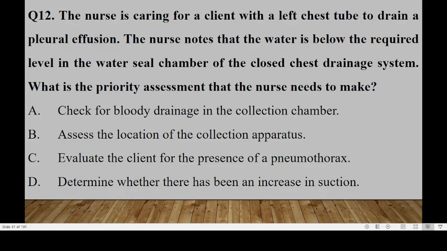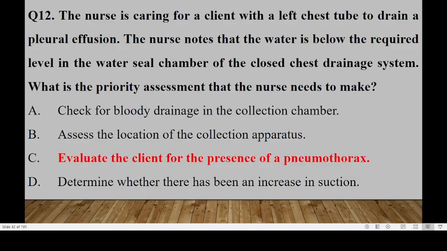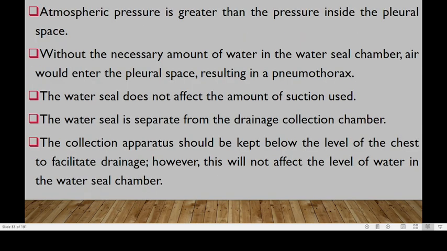The nurse is caring for a client with a left chest tube to drain a pleural effusion. The nurse notes that the water is below the required level in the water seal of the closed chest drainage system. What is the priority assessment that the nurse needs to make? He needs to evaluate the client for the presence of a pneumothorax. Remember, atmospheric pressure is greater than the pressure inside the pleural space.